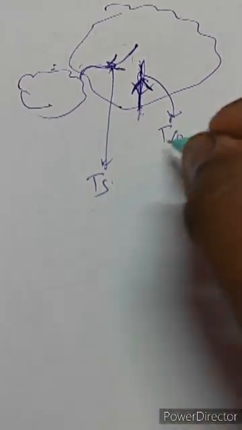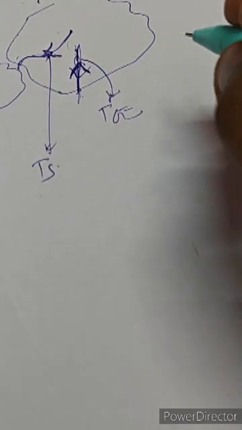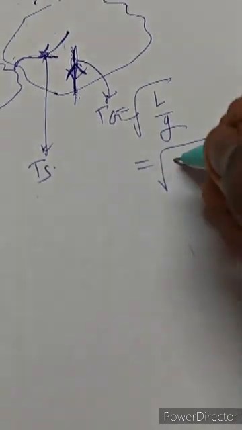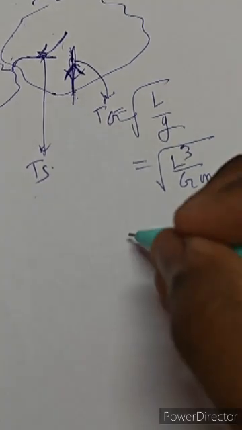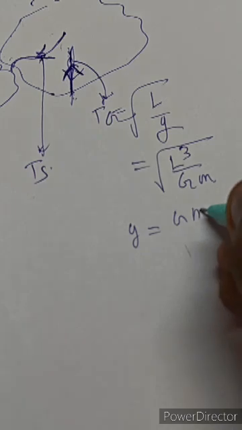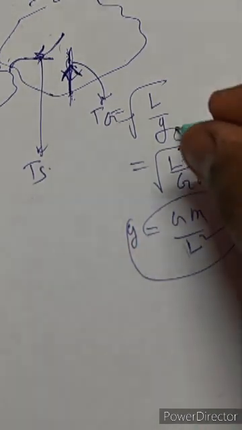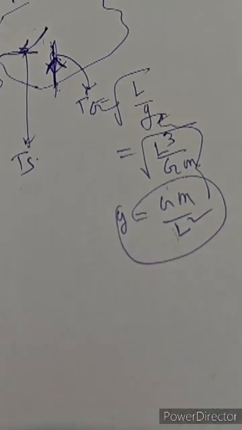Okay, tg is equal to root over L by G, or root over L cube by Gm, because G is equal to Gm by L square. So here we put it and derive it.